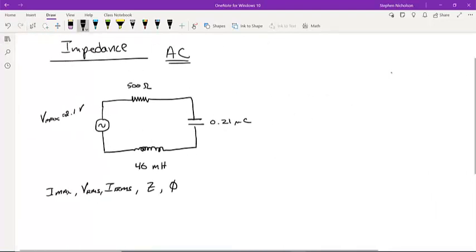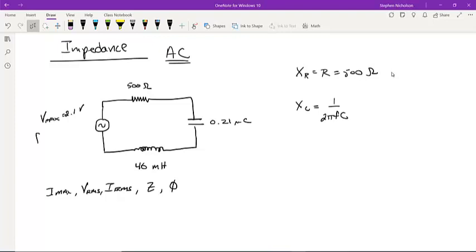So this is the procedure you follow. You have three different kinds of what we call reactances. We have the resistive reactance, which is just the resistance. We have the capacitive reactance, which is 1 over 2 pi f times C. So I need to give you the frequency here. The frequency of the signal is 1200 hertz.